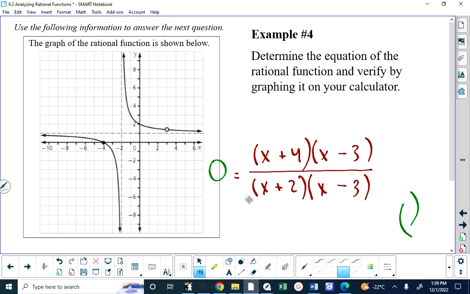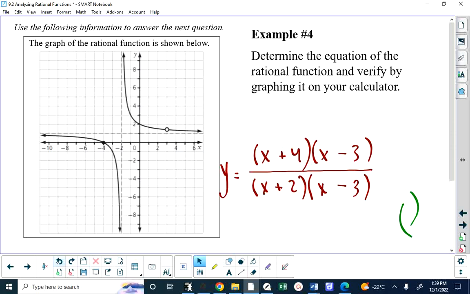And that means when we put in negative 4, we have to get 0 on the top because it's an x-intercept. So we have another rule now. The other rule is an x-intercept is represented by a factor in the numerator. And that's what this lesson boils down to. Factor in the denominator means non-permissible value.